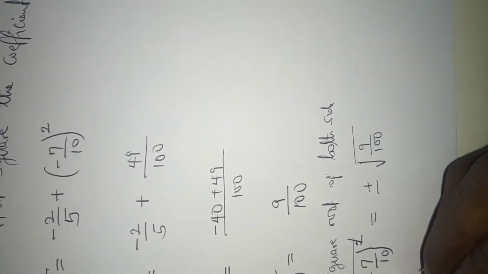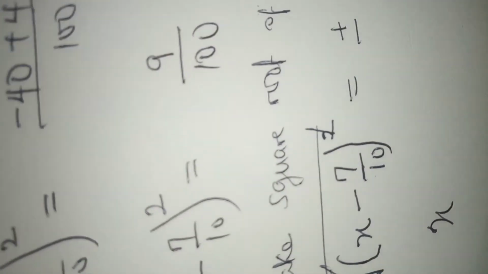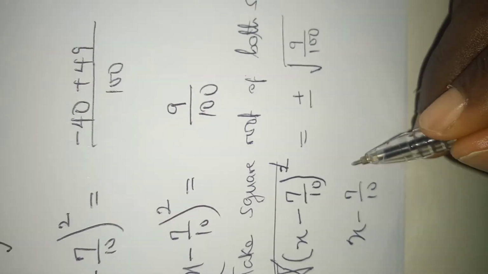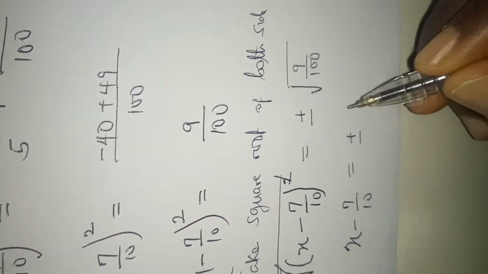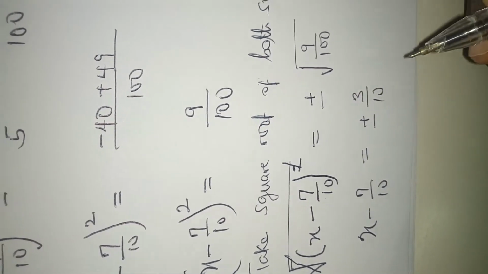This cancels this. We have x minus 7 over 10 equals plus or minus 3 over 10.